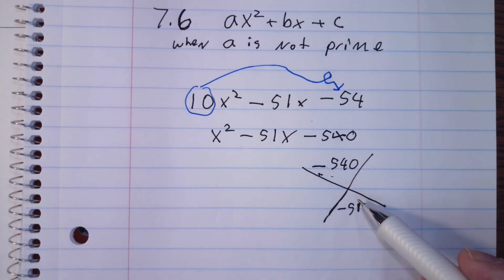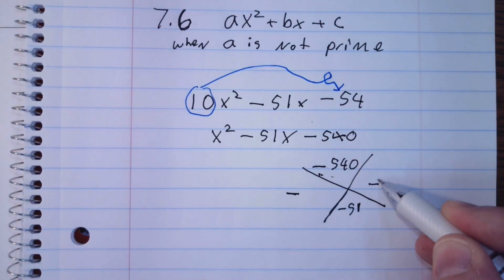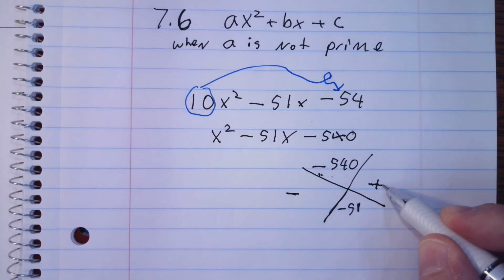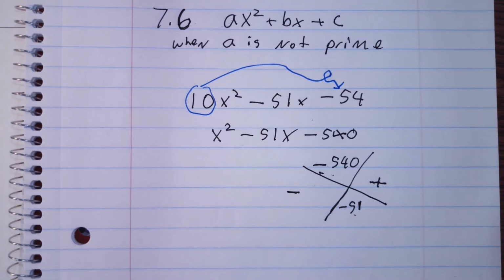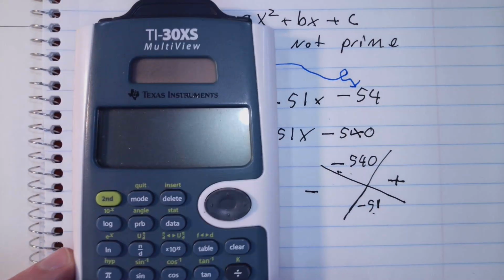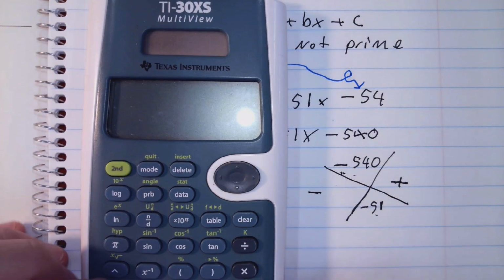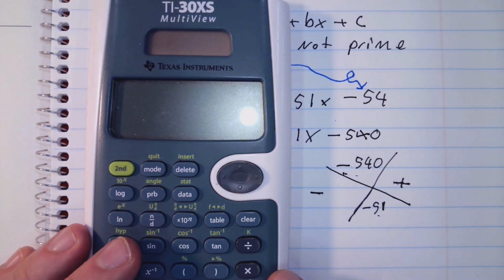It just takes a little bit longer. I do know that this is going to have a negative and a positive. The negative is going to be the bigger number. If the negative wins by negative 51, there's going to be a big difference between the two. And so, unfortunately, these problems kind of take a little bit. That's just life, unfortunately.